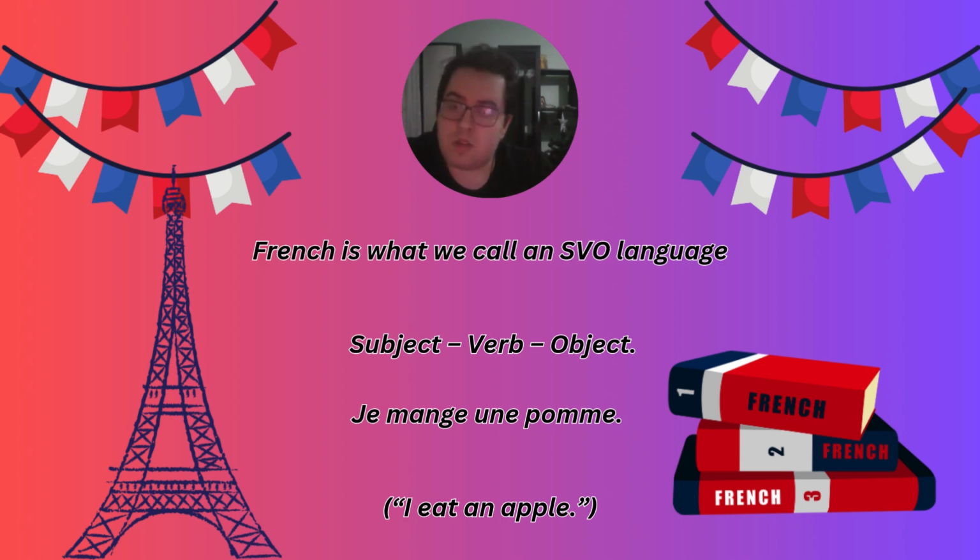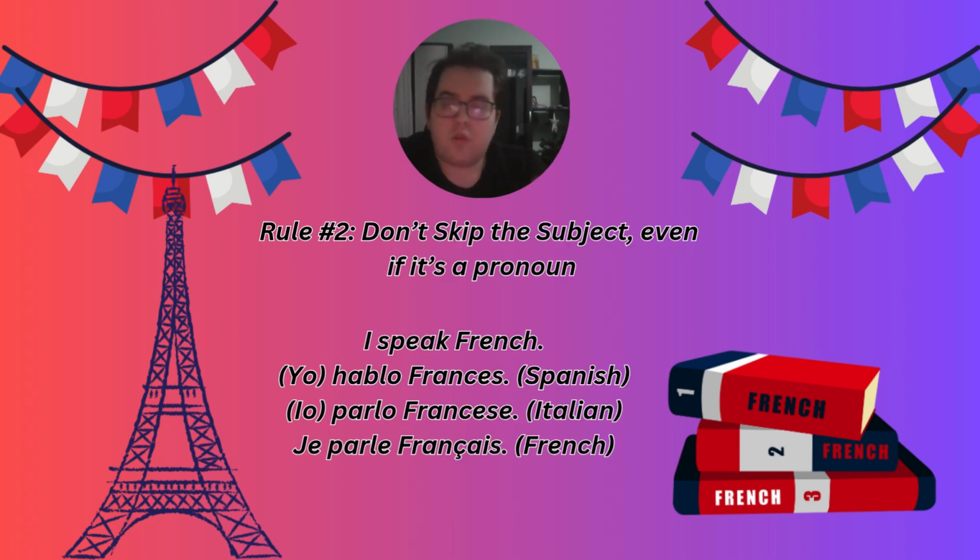Now, let's go towards rule number 2 regarding making a sentence in French. Rule number 2 is equally important. Don't skip the subject even if it's a pronoun. Now, there are other languages where we can skip the subject, where the subject is optional, but this is not the case for French, all right?